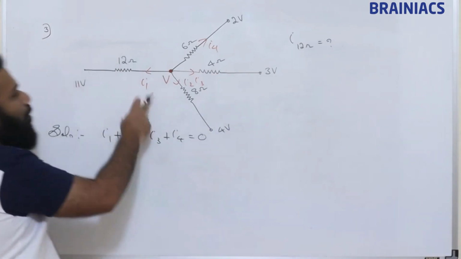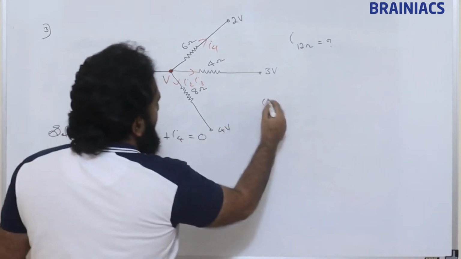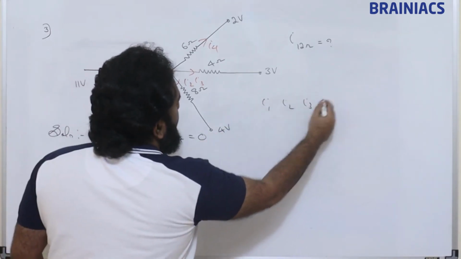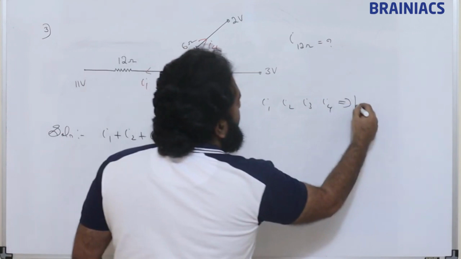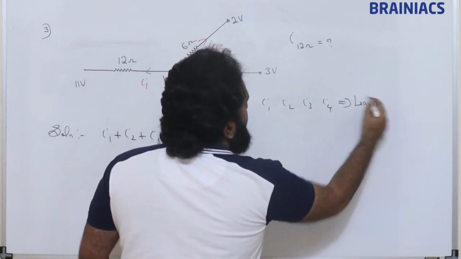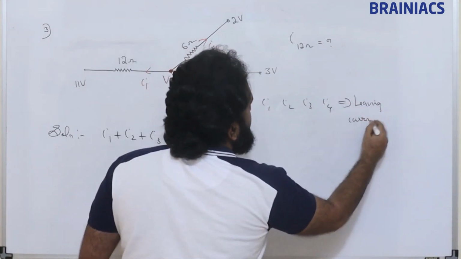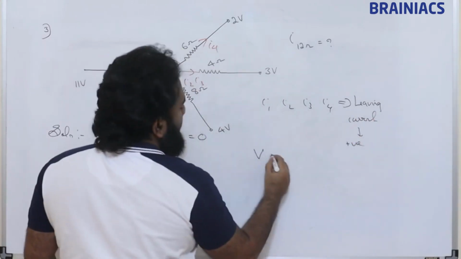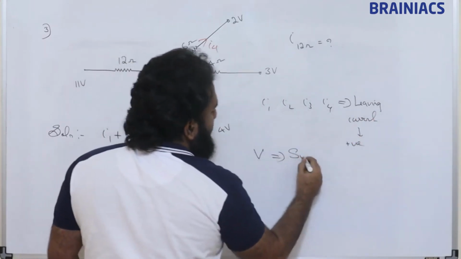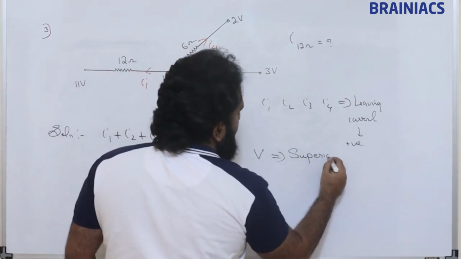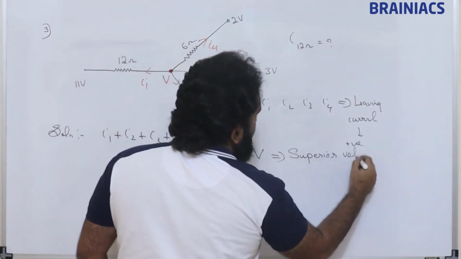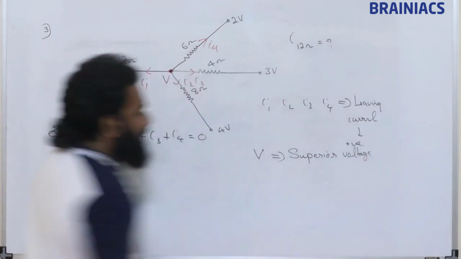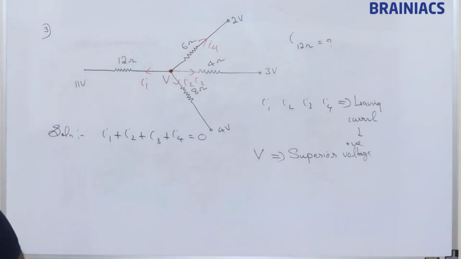Clear? So all currents I1, I2, I3, I4, I am considering as leaving currents, taken as positive, and this V is taken as superior voltage, considering it greater than all others, just for solving purpose.